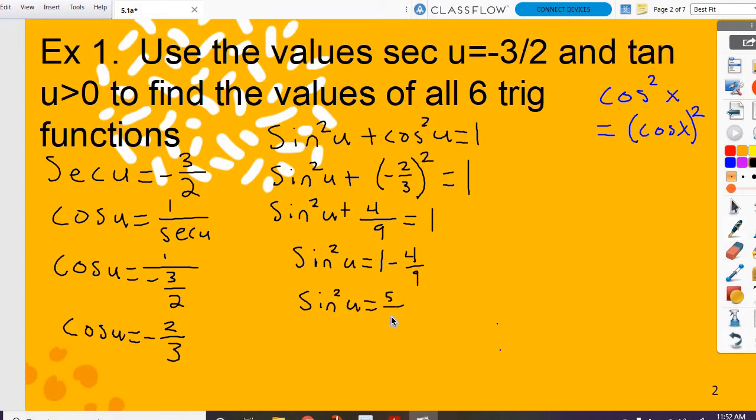So how would I get sine of u by itself now? That would be if we were trying to get rid of the sine. I don't want to get rid of the sine. I need to get rid of the squared, so we would square root it. But what do we need to be careful about?